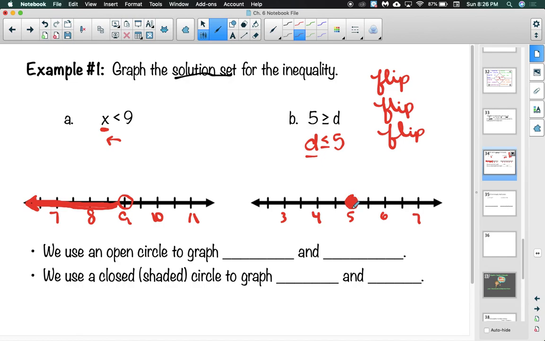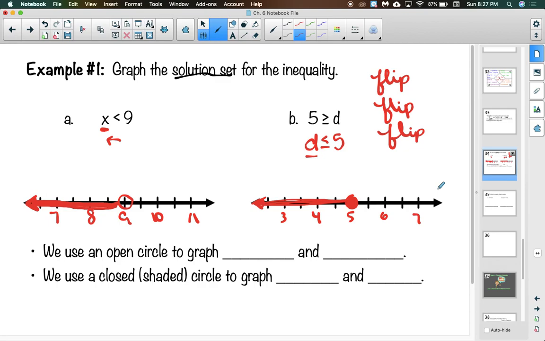I'm going to use what's called a closed circle. We're going to talk about why in just a second. My arrow points to the left. It's a less than sign, so that means I'm going to shade to the left, shade down your number line to the left-hand side all the way to the arrow and shade the arrow as well. So there is my graphed solution. So, couple things.